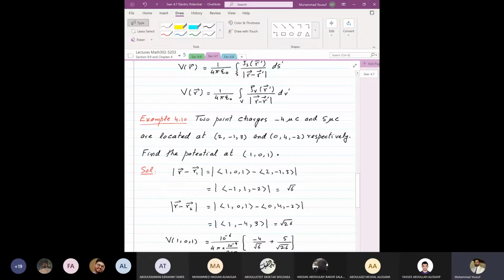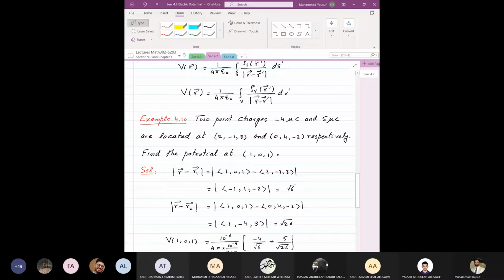So the distance between 2 points, or the magnitude of the vector between the 2 endpoints of this position vector, is simply the difference between these 2 vectors.